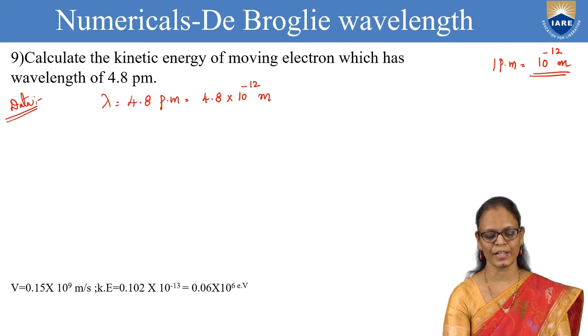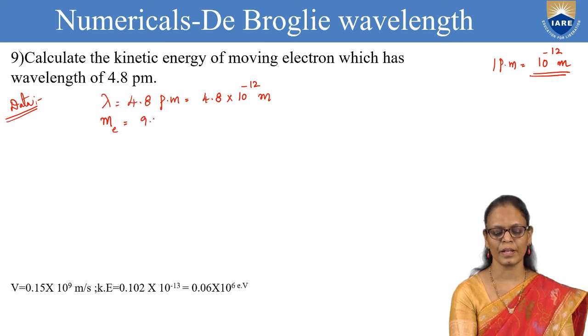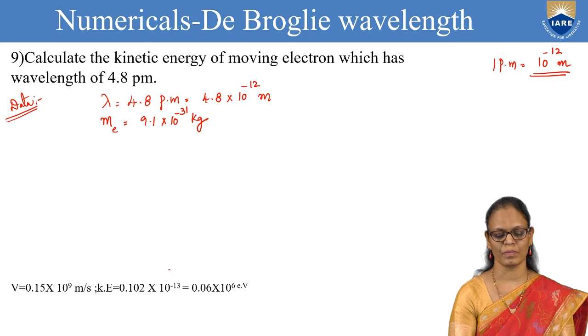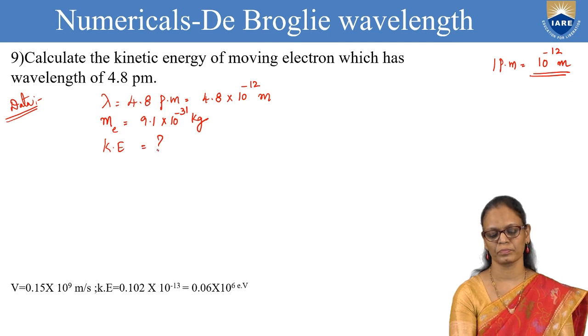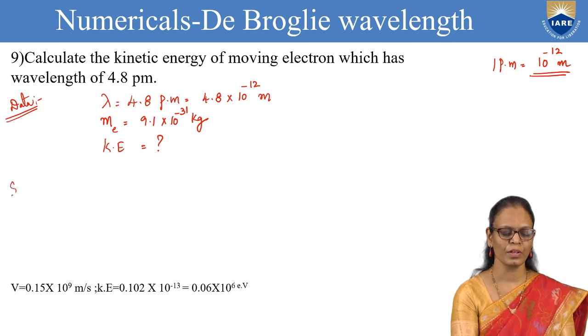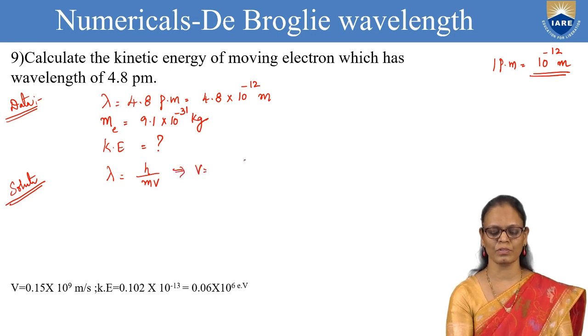Now you will have to find the kinetic energy of a moving electron. So definitely you need the mass of the electron, 9.1 into 10 power minus 31 kilogram is the mass of the electron. Now, to calculate KE, we will find v, though you may use any strategy. Because lambda is equal to h upon mv, this implies v is equal to h upon m lambda.